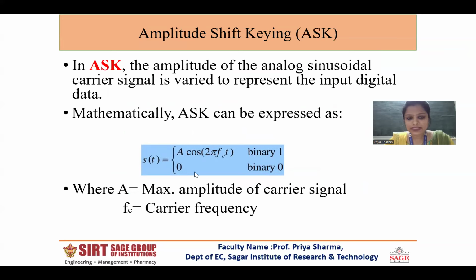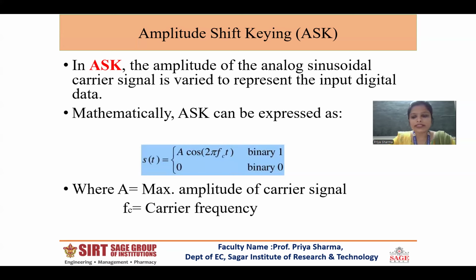Mathematically, it can be expressed as A cos 2 pi FCT for binary 1 and 0 for binary 0, where A is the maximum amplitude of the carrier signal and FC is the carrier frequency. Thus, the modulated ASK signal is either the carrier signal for binary 1 or no carrier for binary 0.